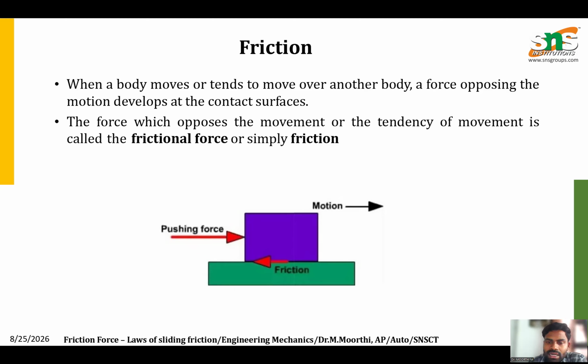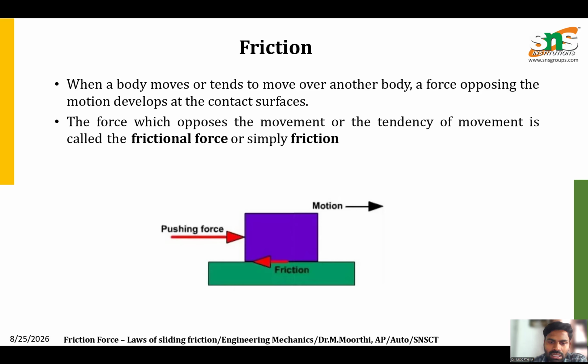As we discussed earlier, the friction force always acts in the direction opposite to the movement of the object. When the pushing force is higher than the frictional force, the object tends to move in the direction where the force is applied.